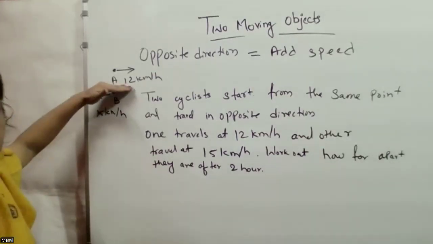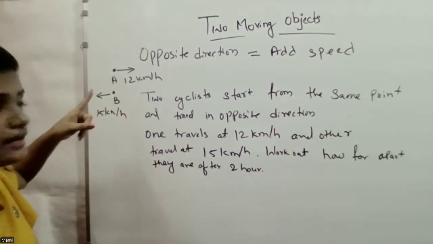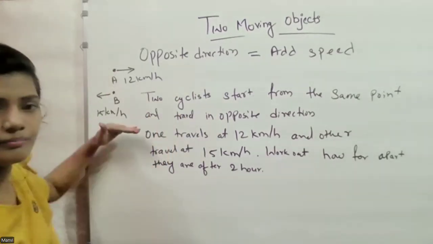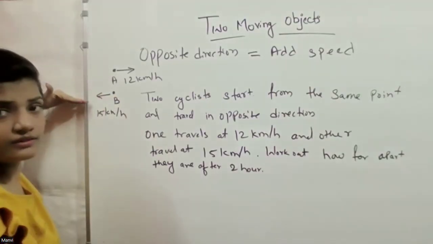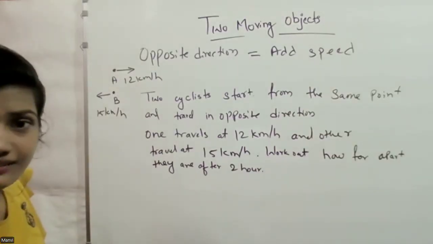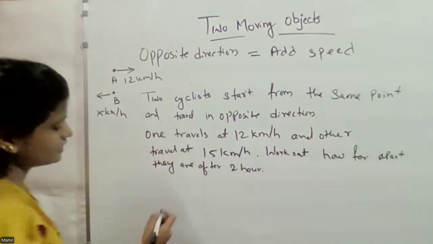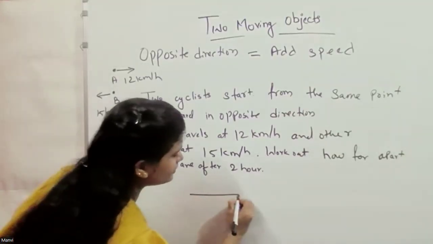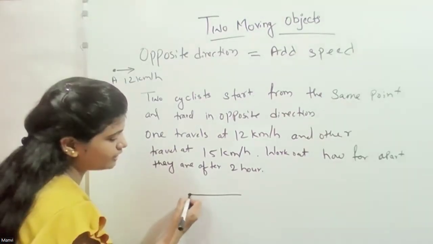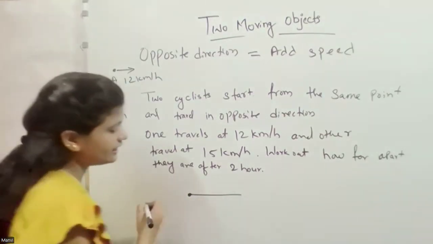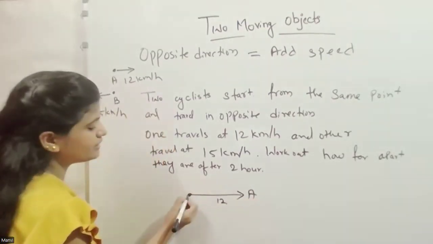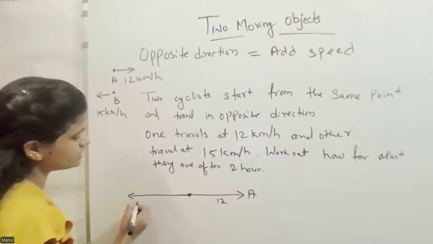So in 1 hour, A goes 12 kilometers this side and B goes 15 kilometers that side. Both are at the same point. A goes 12 kilometers this side, so now A is here. And B goes 15 kilometers that side, opposite direction.